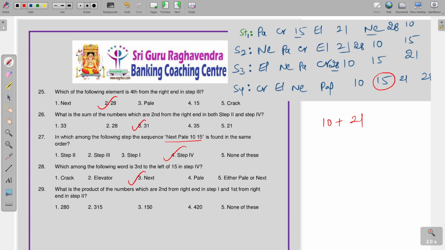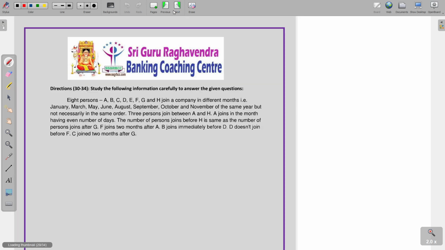What is the product of the numbers which are second from right end of step 1, that is 28, into first from right end of step 2, that is 15. 28 into 15, that is 420. 420 is the answer. And next, let us move on to the next one.